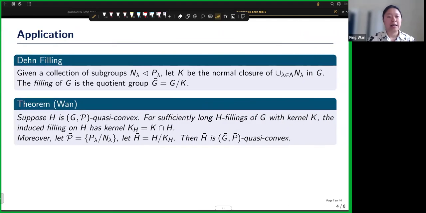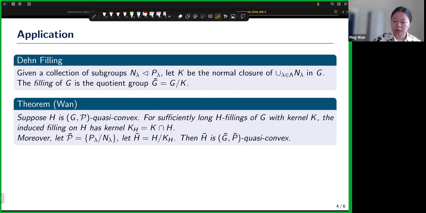Now, I show that suppose H is a GP quasi-convex subgroup. Then for sufficiently long H-fillings, that is for some nice fillings of G with kernel K, the induced filling on H has kernel K_H, that is just K intersect H. So the induced filling does not contain anything more.